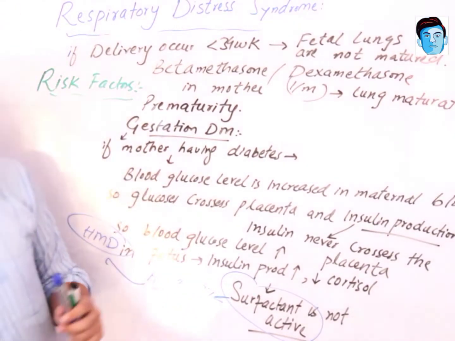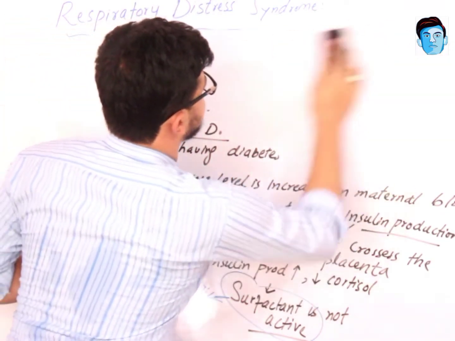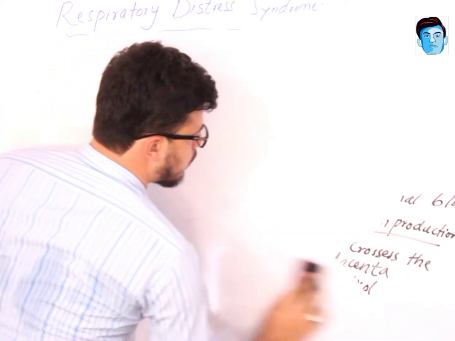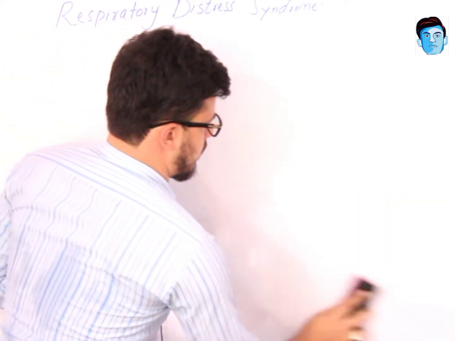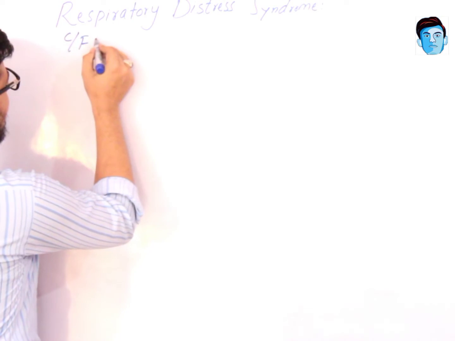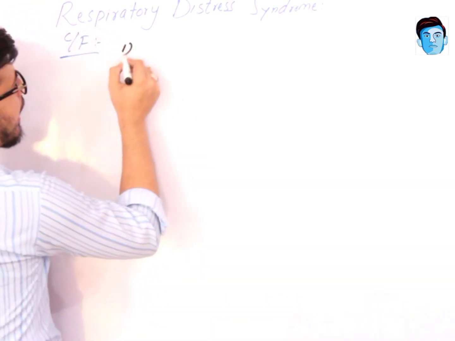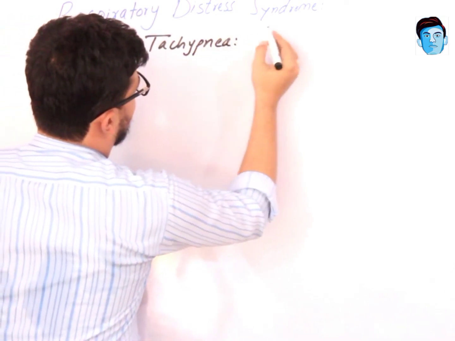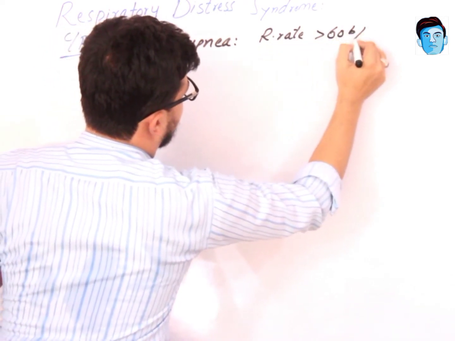So now let's discuss the clinical features of this disease, that is, how the patient will be presented to you if the patient is suffering from RDS. The most important clinical feature is tachypnea. Tachypnea means increased respiratory rate, that is more than 60 breaths per minute.